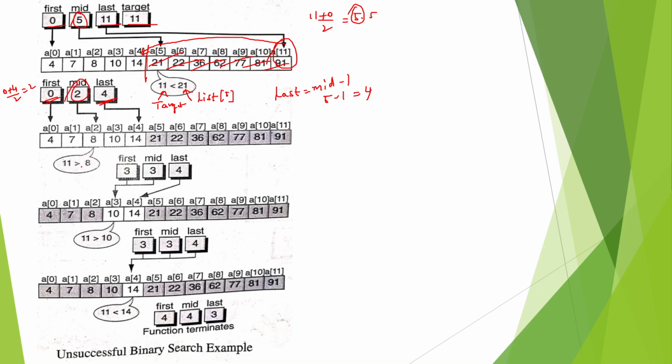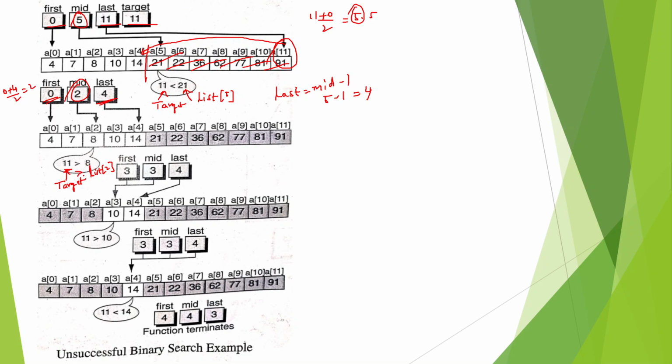Once again, compare the target. Our target we said is 11. So compare the target with the list of mid. We got 2 as mid. So list of 2, how much? It is 8. We are comparing. Now you can see 11 is greater than 8. Target again is greater.